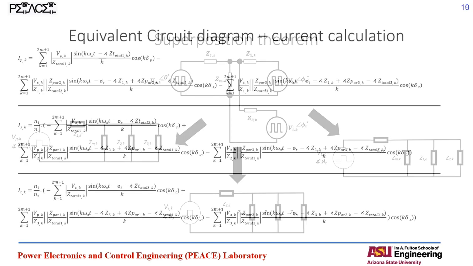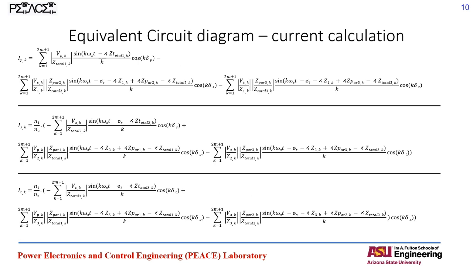Following the principle of superposition, we are able to derive the equations of the currents IP, IS, and IT. This is a huge equation, and it depends on the magnitude of the input voltage which we provide, the phase of the input voltage, the phase of the secondary side voltage, the phase of the tertiary side voltage, and the frequency, because it depends on the impedance, and the impedance is a function of frequency.